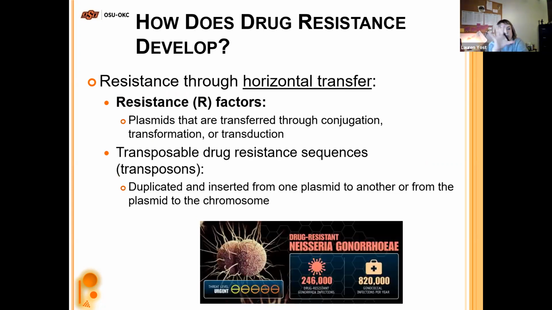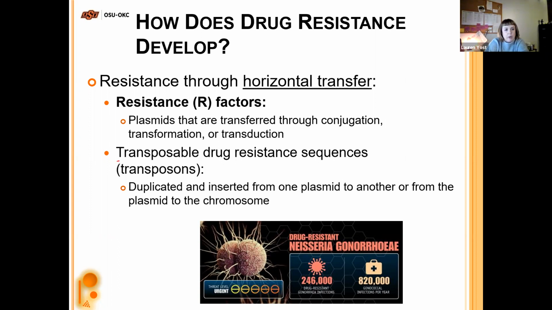We also have resistance through horizontal transfer. These are called R factors. These are plasmids that are transferred through conjugation or transformation or transduction. Just plasmids that get from one bacteria into another that carry resistance sequences. These often can occur.